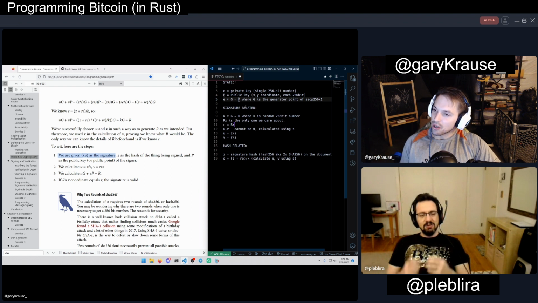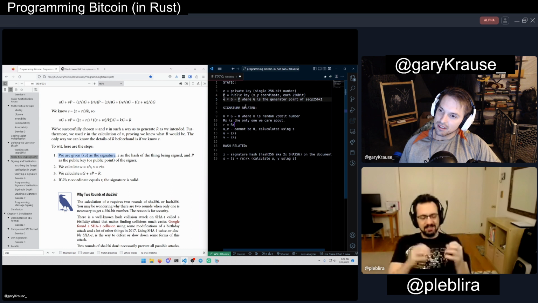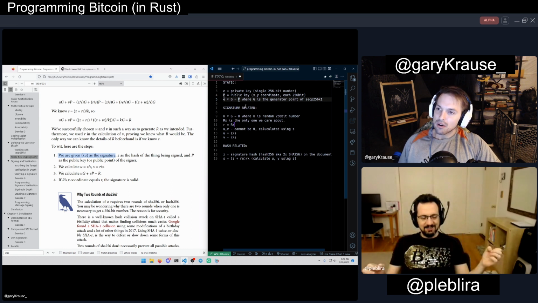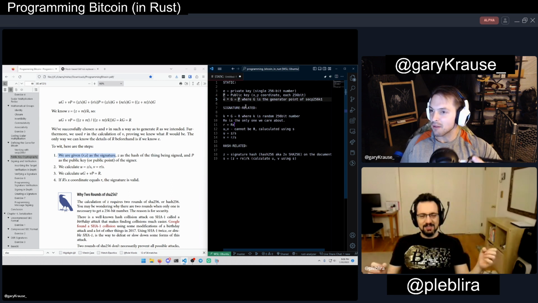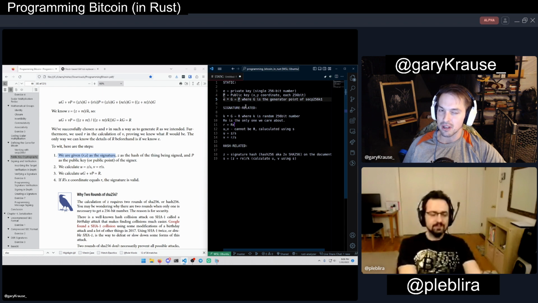If you review your XPub, all of your addresses are generated from your XPub. There are derivation paths and stuff that go into that, and I think we'll learn about that later in the book.